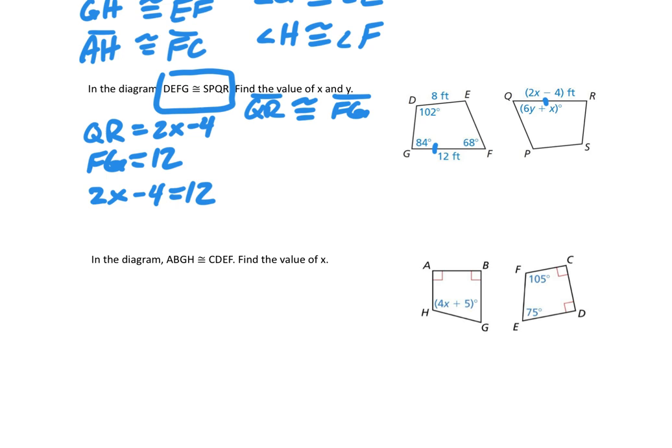And then I add 4 and divide by 2. Okay, the directions are asking me to find x and y. We've found x. Okay, the other variable, the only place that we see a y is right here. And that is representing an angle. And which angle is it representing?